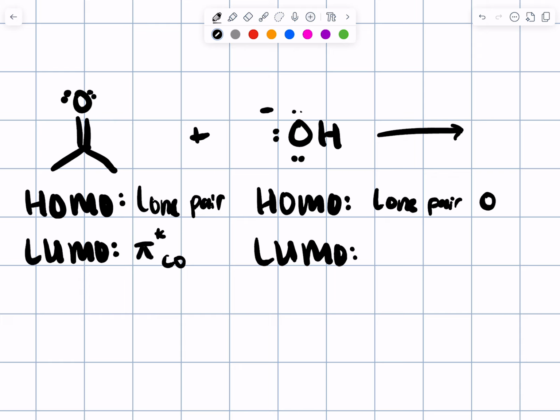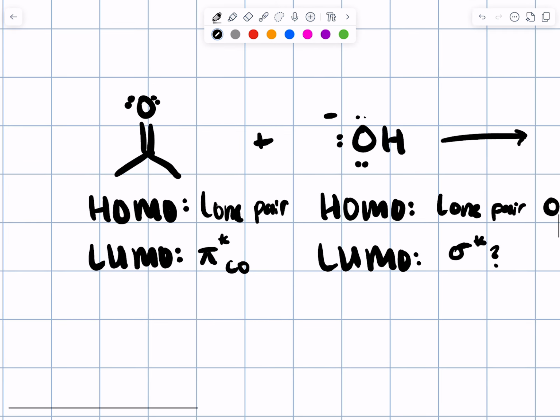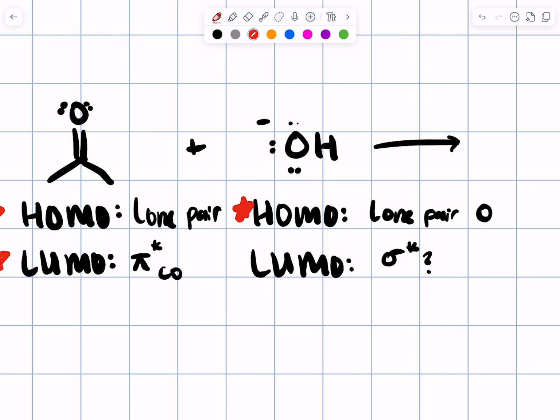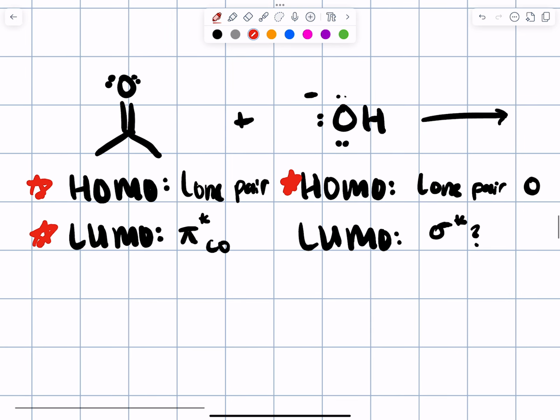The lowest unoccupied molecular orbital is probably some sigma star something, but it's not on the list. Now, as for predicting my chemistry, this tells me what's probably going to happen. The molecule on the left, acetone, has both an important HOMO and an important LUMO. But the OH minus only has an important HOMO.